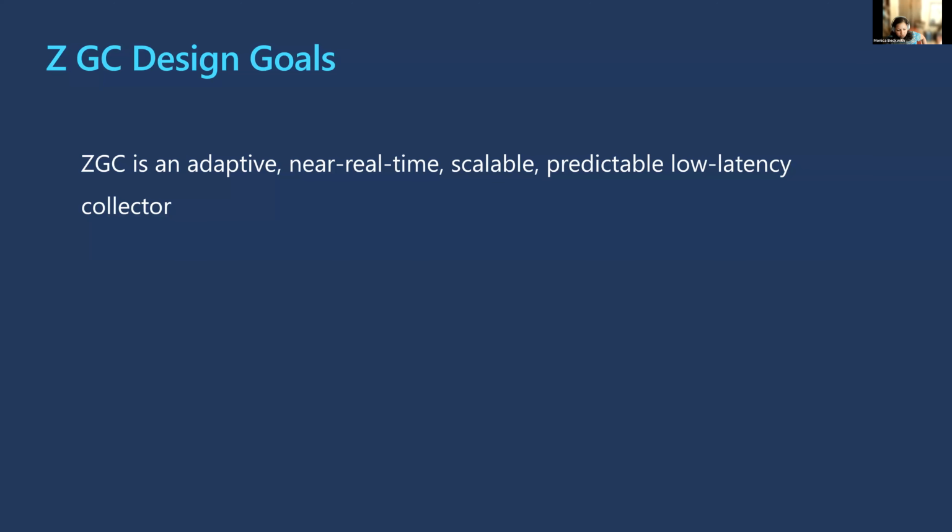But going back to ZGC, it's adaptive. It's got the near real time. So it's sub-millisecond. That's the goal, and that's what you should see in JDK 17. It's scalable. So that's another advantage that all these regionalized heaps have, because now you're breaking the unit of work into these regions.